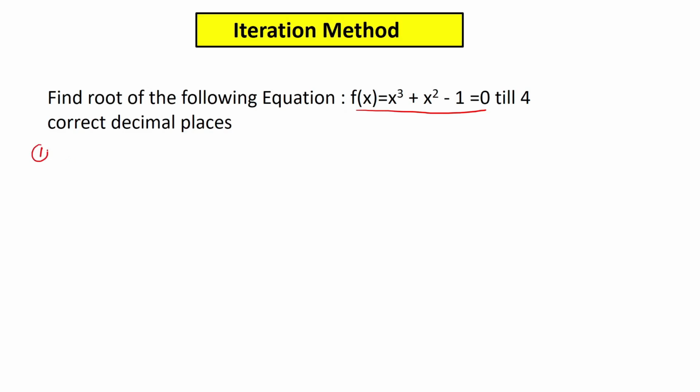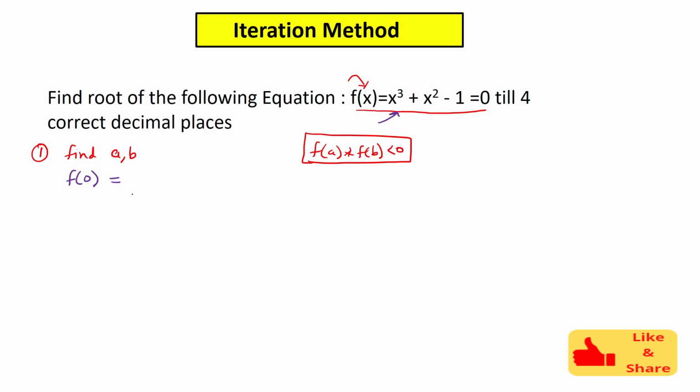So first we have to find the values of a and b, right? How can we find the values of a and b? The condition says that f of a and f of b should be of opposite sign. So for that we will put some values of x in this function and we will see. Let's say we put 0 as the value. What will be the value of the function at x equal to 0? If we put 0 in this equation, we will get 0 plus 0 minus 1, that is minus 1.